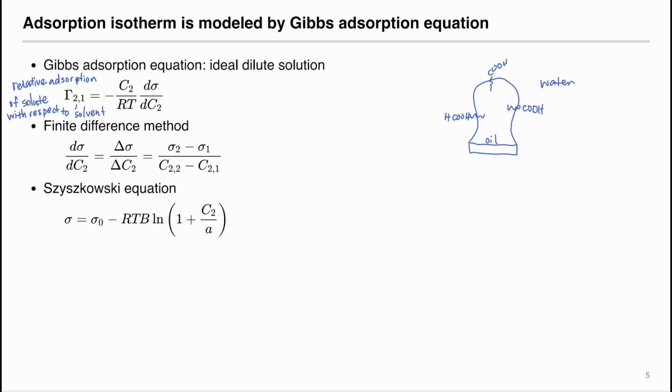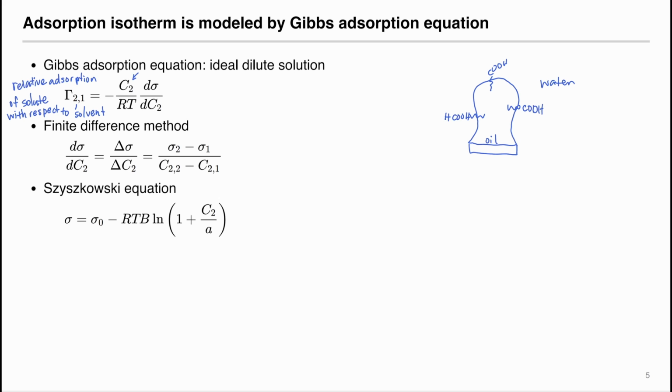It is equal to the negative of the concentration of the solute divided by RT, which is the ideal gas constant multiplied by absolute temperature, and multiplied by d sigma divided by dC2, which is how interfacial tension changes with respect to concentration of the solute.